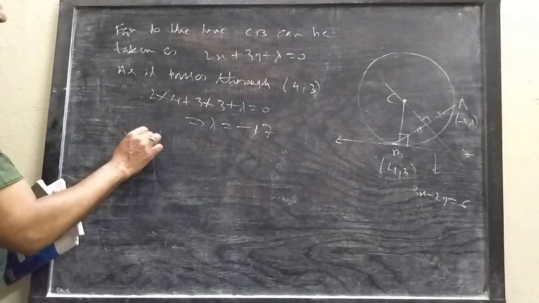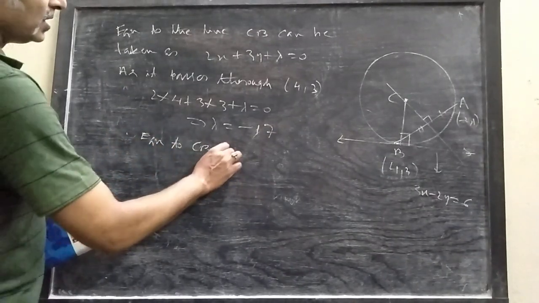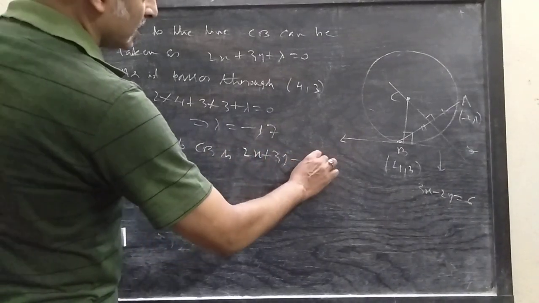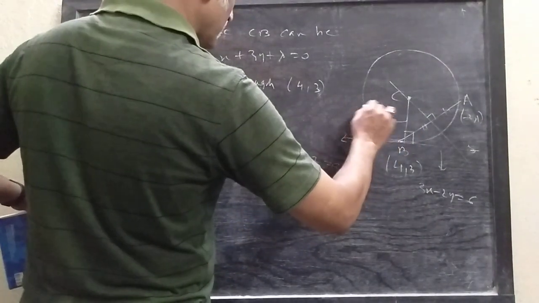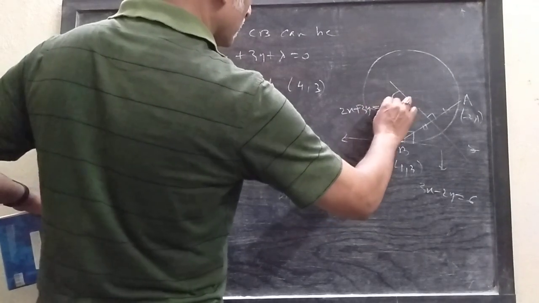Therefore the equation of CB is 2x plus 3y minus 17 equals 0. You get the equation of CB as 2x plus 3y equals 17.